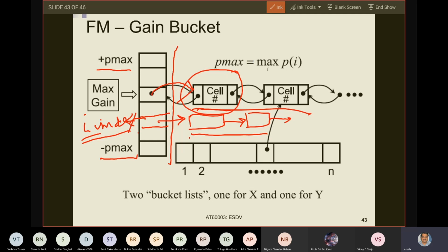I will calculate the gain of this task and then put it in its correct position in the data structure for Y. Similarly, I will calculate the gains of all the neighboring tasks of this task, which will remain in partition X, but now their positions will change.